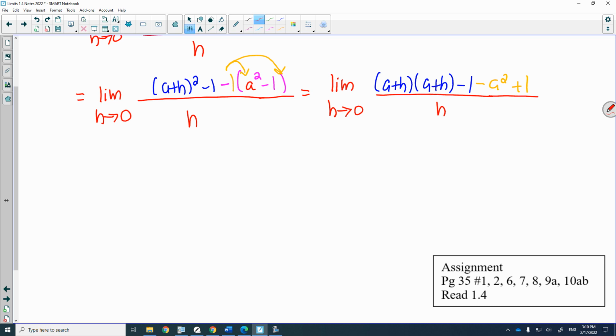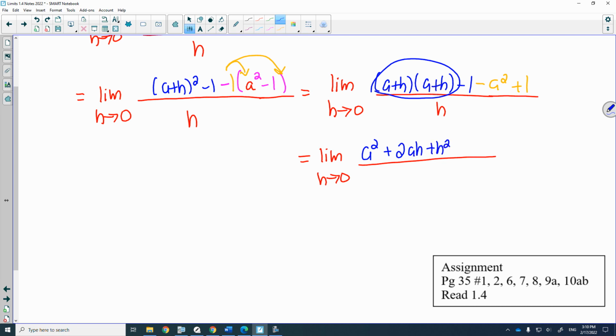That is equal to the limit as h approaches 0. Let's use the distributive property to get rid of those brackets. So it's going to be a squared plus 2ah plus h squared. Bring down that minus 1 minus a squared plus 1. That's all over h. Okay, what can we clean up from here?